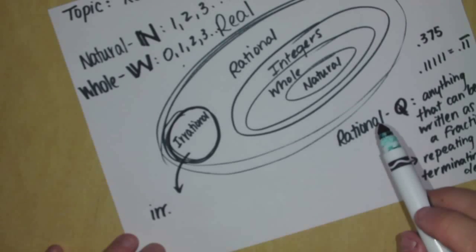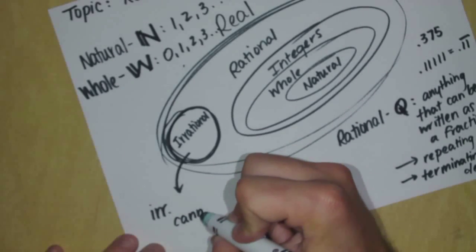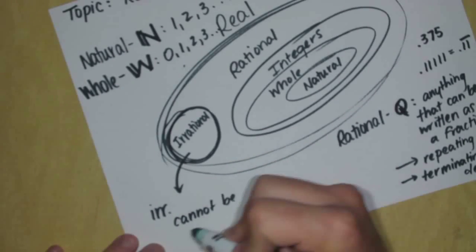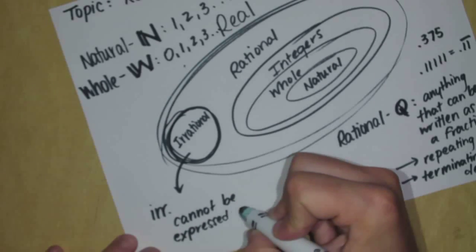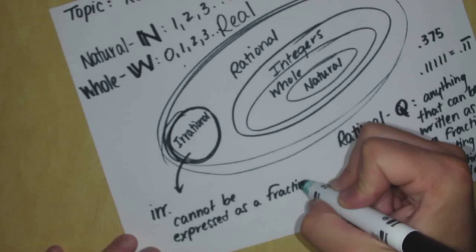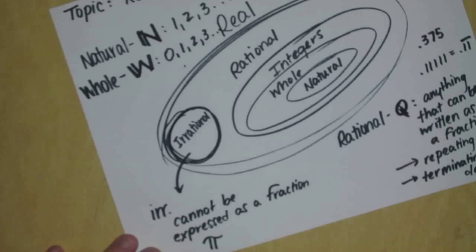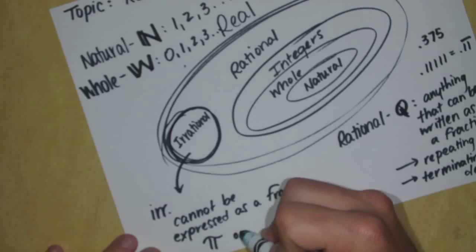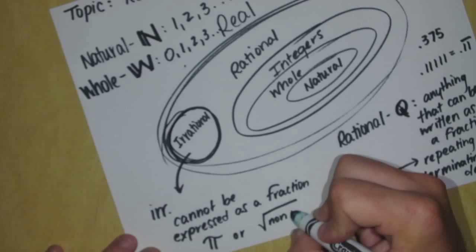Irrational is the opposite of rational, so it cannot be expressed as a fraction. Most common irrational number? Pi. That's the number most students recognize as irrational, or the square root of a non-perfect square.